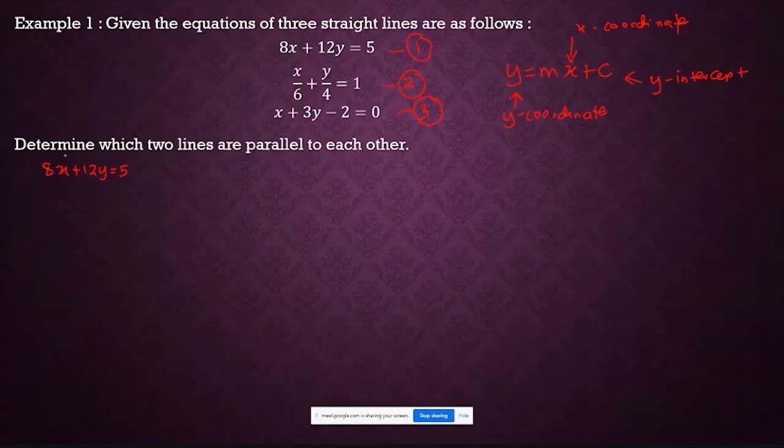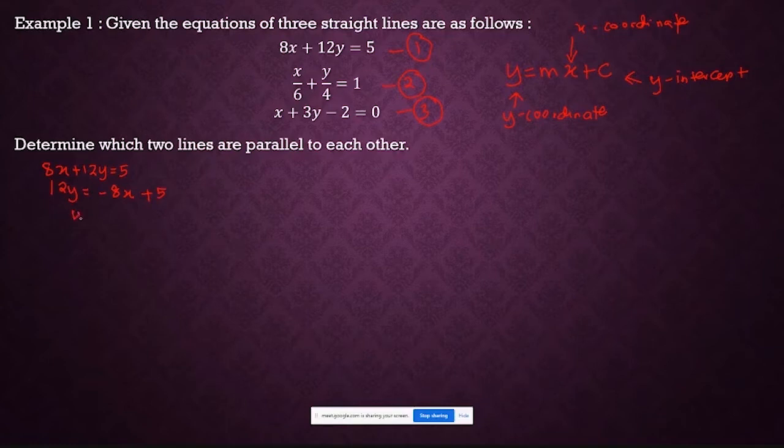So our y must be in single form. Here, 12y equal to -8x, we change the position of 8x to the other side, plus 5. Now on your left is 12y.